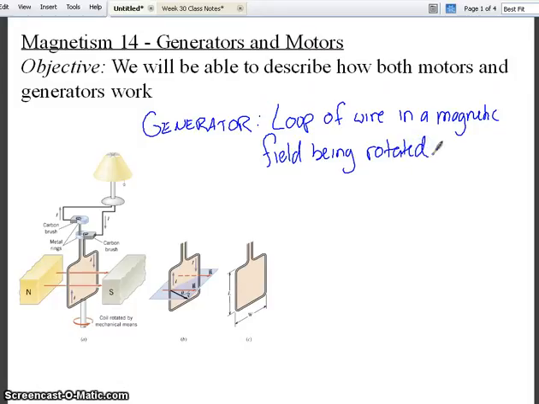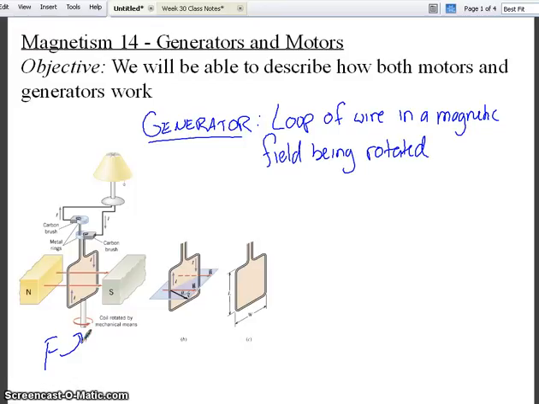What's happening here is that there's some force down here at the bottom that's causing this thing to rotate.